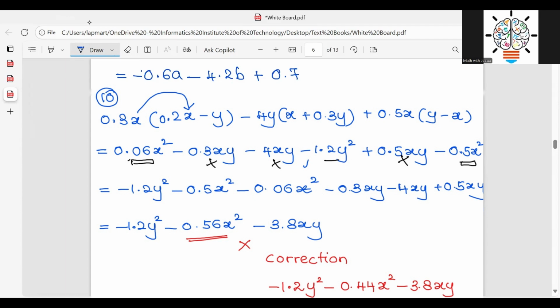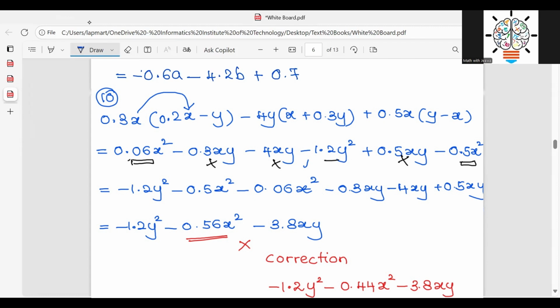0.06x squared, 0.3xy, negative 4xy, negative 1.2y squared, 0.5xy, and 0.5x squared. So the negative 1.2y squared, I have to write it because I don't find any other like terms.